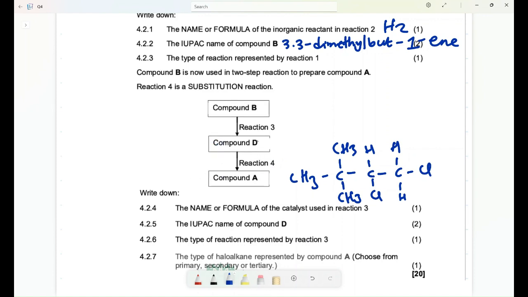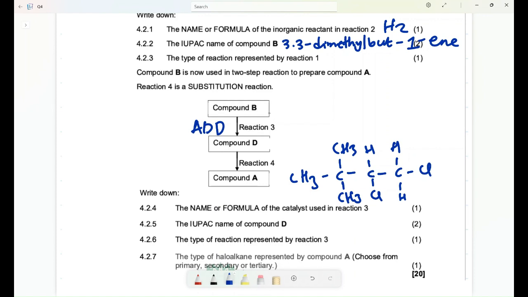From B to this, it should be an addition reaction. We should add something to remove the double bond so that it becomes a single bond, okay? So that we can then substitute whatever it had with the Cl.